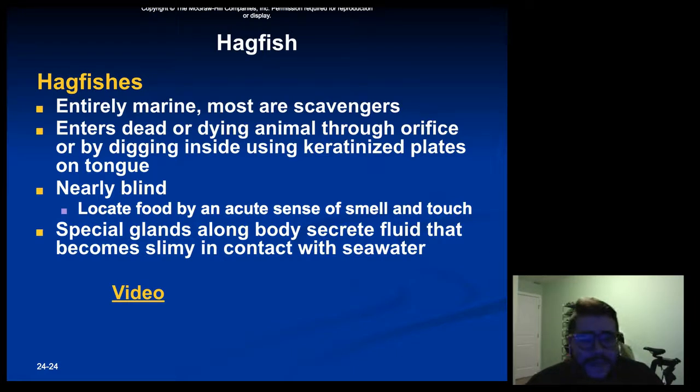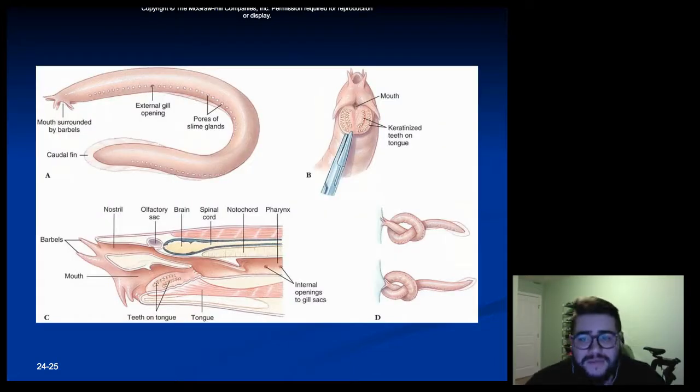Hagfish also have this specialized gland along the side of their body that secretes a protein, and that protein becomes extremely slimy when it comes in contact with seawater, and it's the hagfish's main method of defense. You can see the keratinized plates that help it dig through here, and here are some slime glands on the outside of its body.